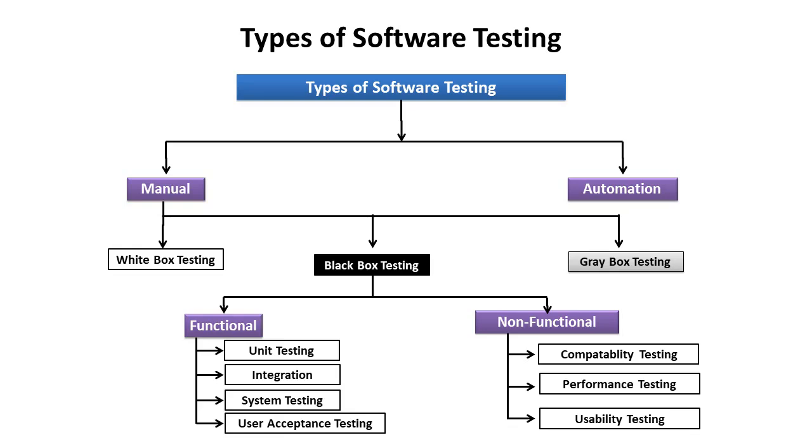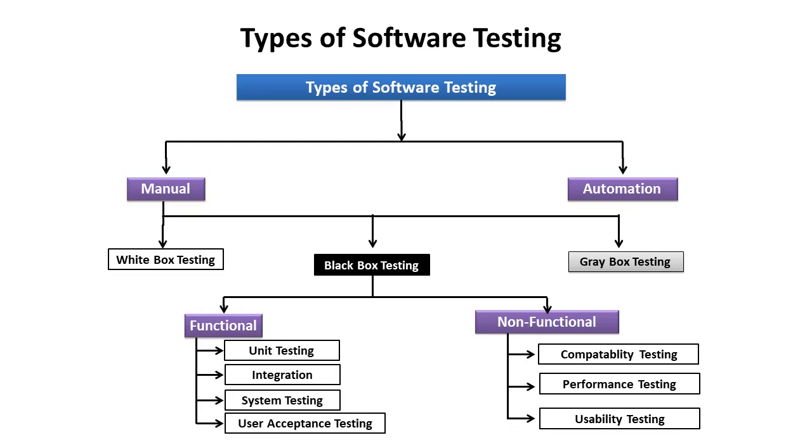Types of software testing. Basically, there are two types of software testing: manual testing and automation testing. Manual testing is divided into three types: white box testing, black box testing, and grey box testing. Black box testing is again divided into two types, functional and non-functional.